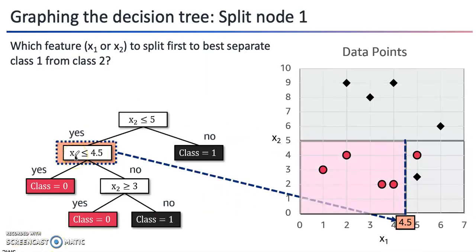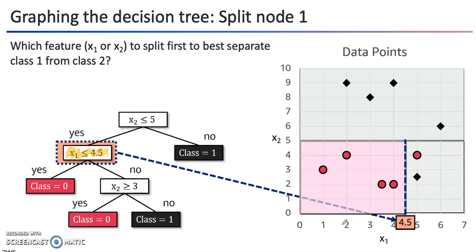So the next step would be to work with the pink region, which has one data point that is not correctly classified. That brings us to this split node, which has a condition.